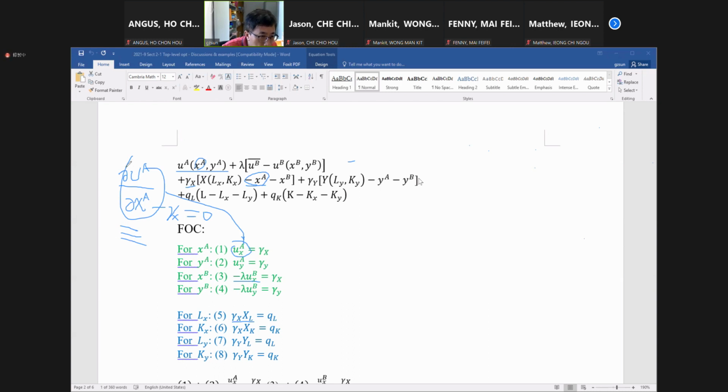And mathematically, that's the first order, this one. And then this term is much easier because this is a linear function. Here is gamma x. So therefore, this one should be partial ua over partial xa minus gamma x equals 0.